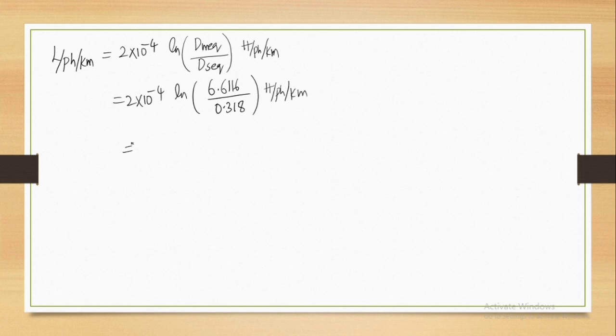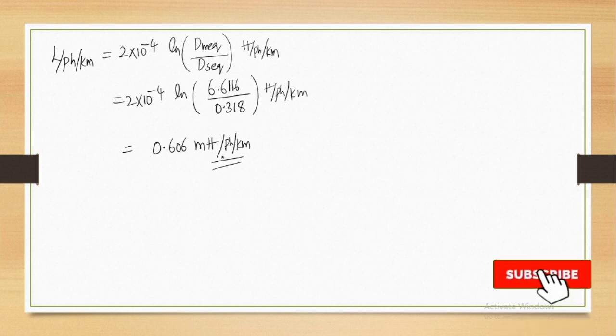Now what is this value? If you evaluate this, you will get 0.606 millihenry per phase per kilometer. This is the inductance per phase for 1 kilometer. I hope it is clear for you.